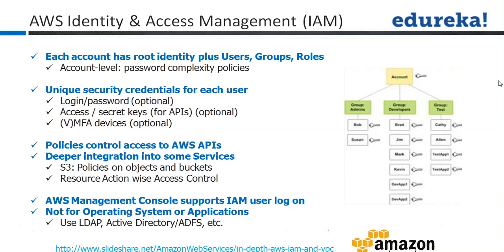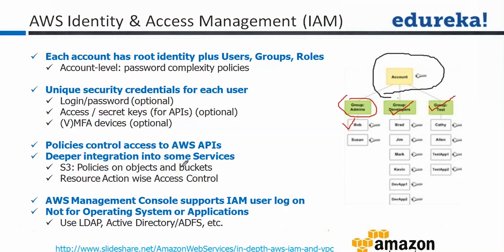Now, as I said before, there would be a root account. This root account can create multiple users. We can create various groups, and for each group, we can have multiple users. A single IAM user can be part of multiple groups also if required. So he can be part of multiple groups and he would be getting the access accordingly.